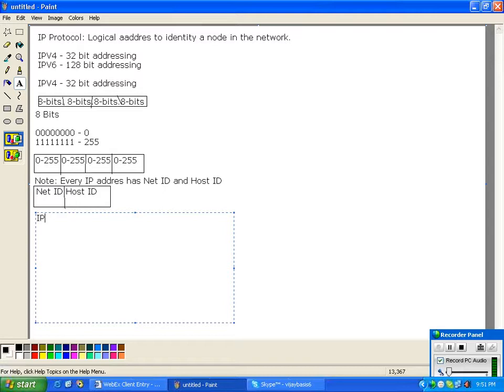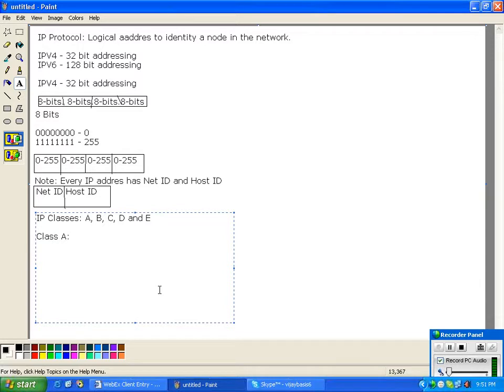For this, we have IP classes: class A, class B, class C, class D, and class E. There are totally 5 classes of IP. Let me take a class A IP address.